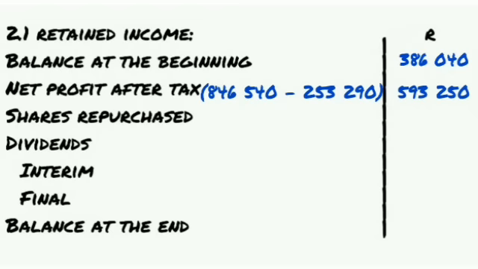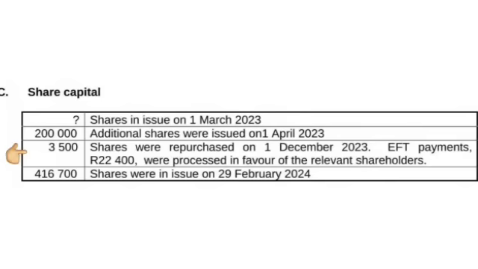And then next I'm looking at shares repurchased. We are told 3,500 shares were repurchased on 1 December 2023, and EFT payments of 22,400 were processed in favor of the relevant shareholders. So keep in mind the 22,400 and the 3.5 shares. And then also what's also important is the number of shares at the end of the year, which is 416,700.